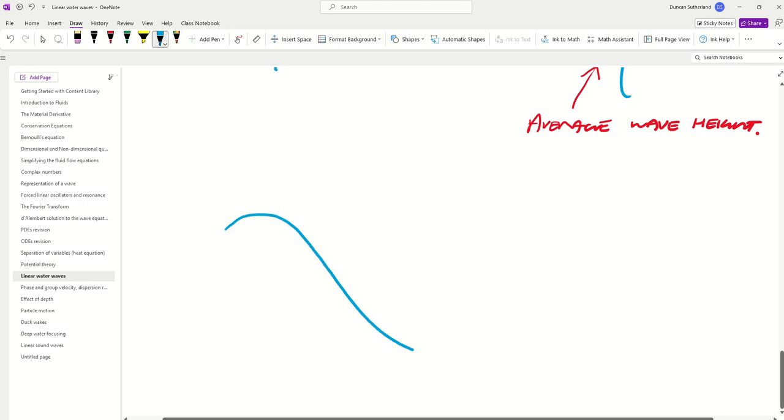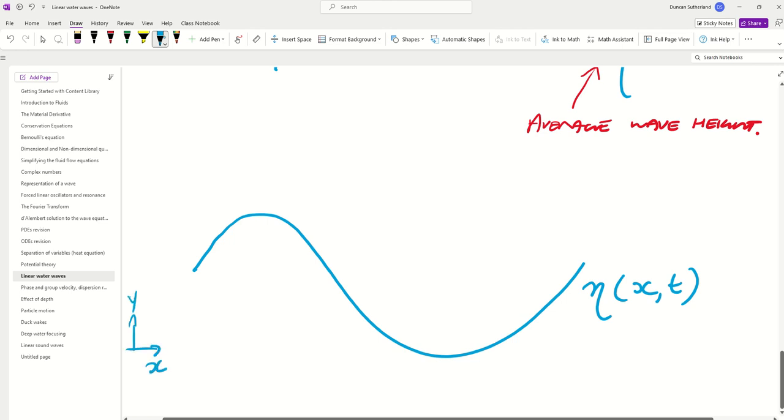So let's say this is our surface, eta x, t, right? And I guess you can draw a little coordinate system along here to illustrate this, and it can change in time as well. But when you're surrounding this, you actually have information about the velocities, right?